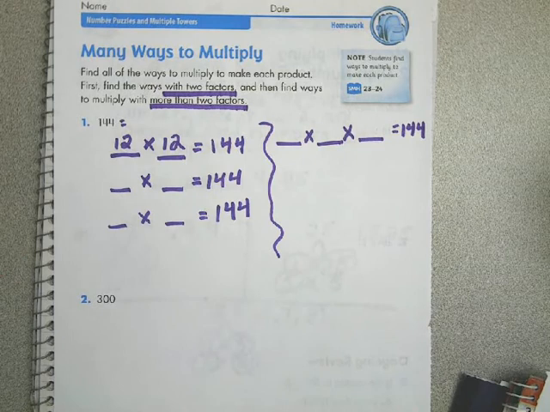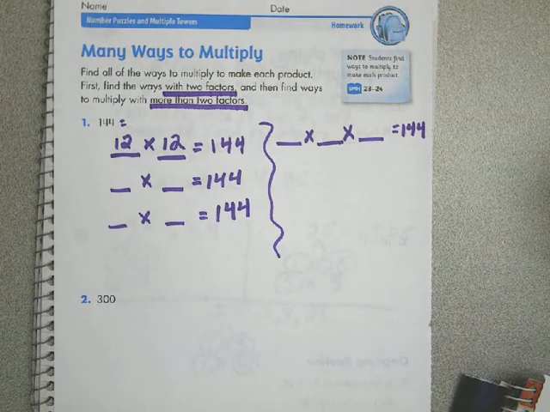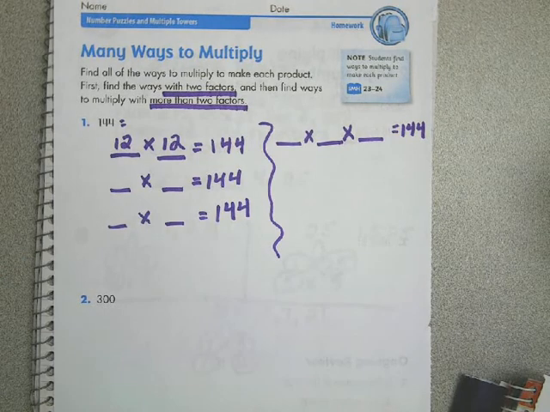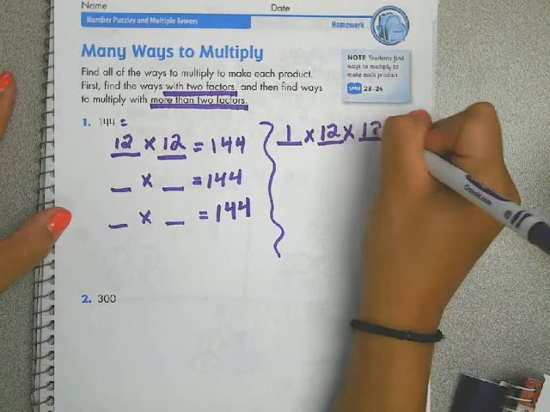You have to find ways to multiply with 2 factors, and they all have to equal 144. But did you see in your directions where you have to do more than 2? Who can tell me multiplying 3 numbers to equal 144? Any ideas?